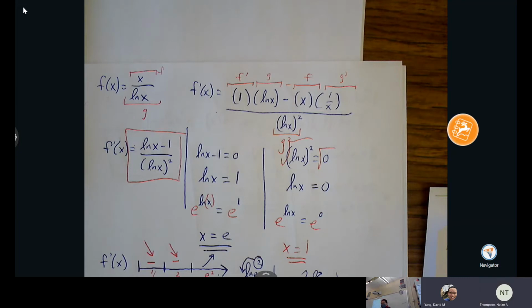What else do you guys want to do? Do you want to do a log differentiation problem?